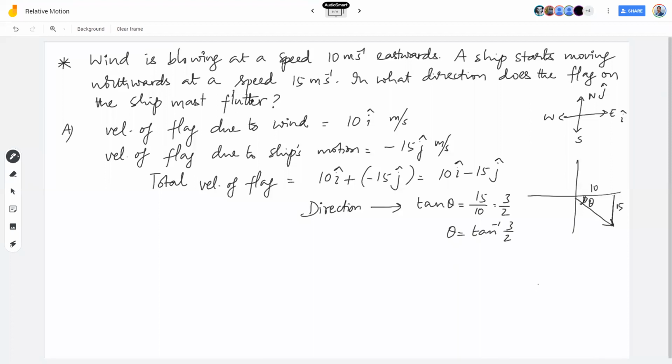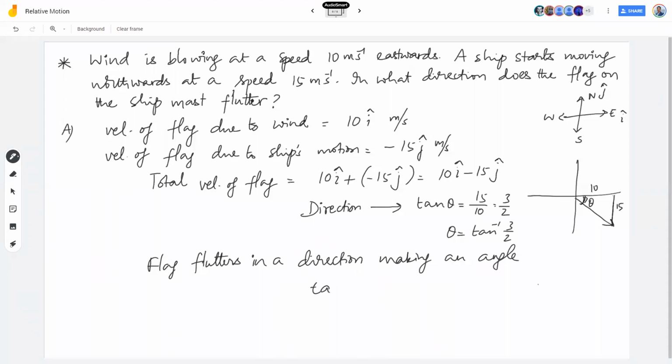So you say the flag flutters in a direction making an angle.